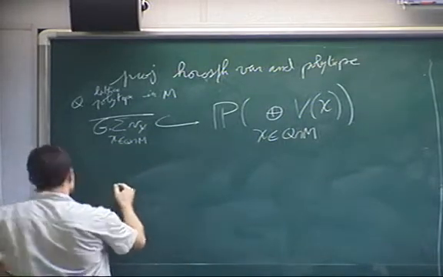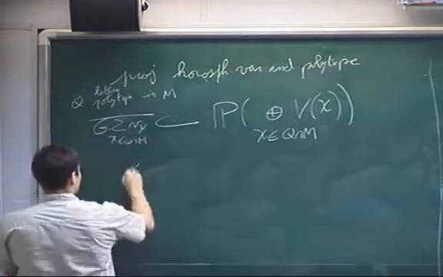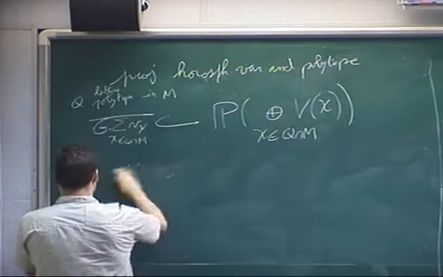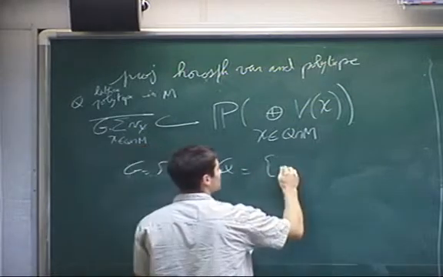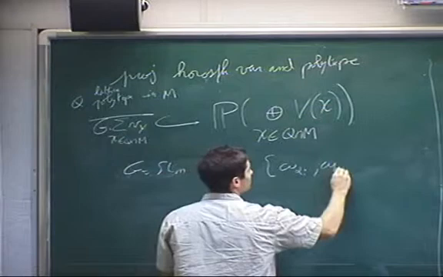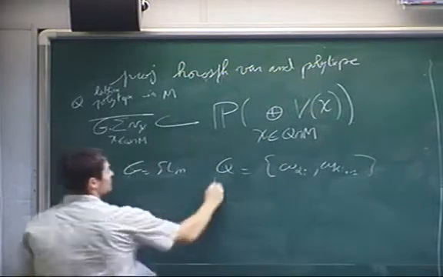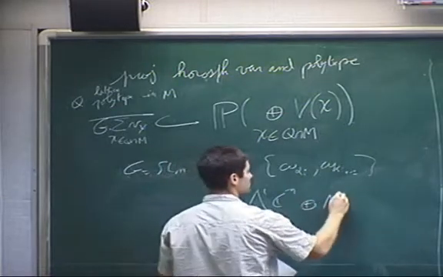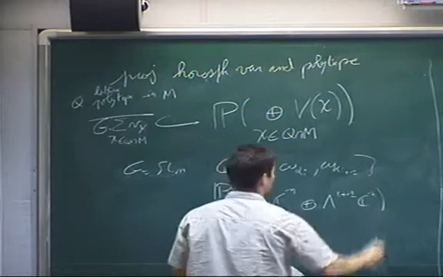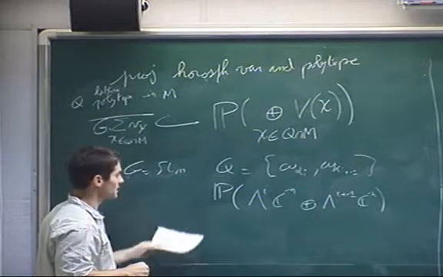So maybe one example. I take G equals SLn. I just take a segment, omega alpha i to omega alpha i plus 1. So there are two lattice points in Q. So we have the sum of these two G modules, the fundamental representations, for G equals SLn.